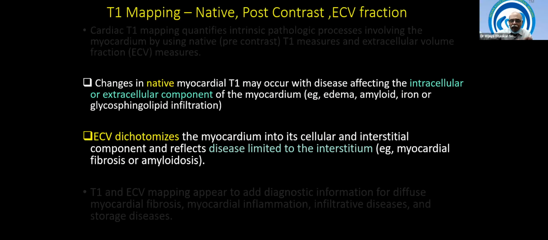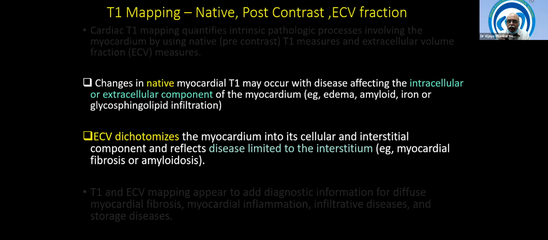Outside, extracellular matrix. The extracellular matrix contains blood vessels, fibroblasts, loose cellular tissue, and the other collagen which is regularly forming and degrading. So the T1 native map values will give only about the myocytes, intracellular component, and the extracellular component. It could be edema, infarction, anything else.